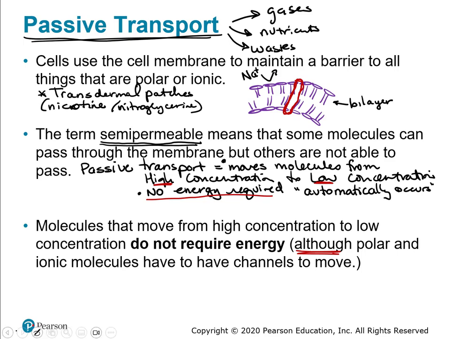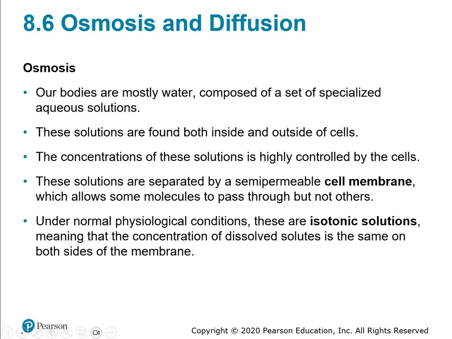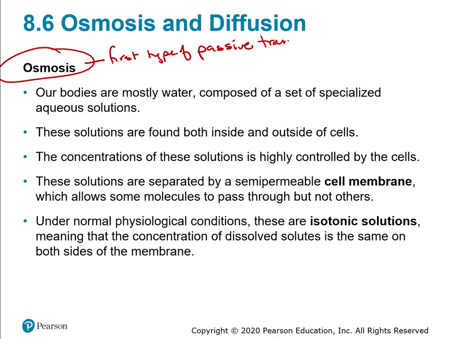So the first example of this is what happens in osmosis. Osmosis is the first type of passive transport.